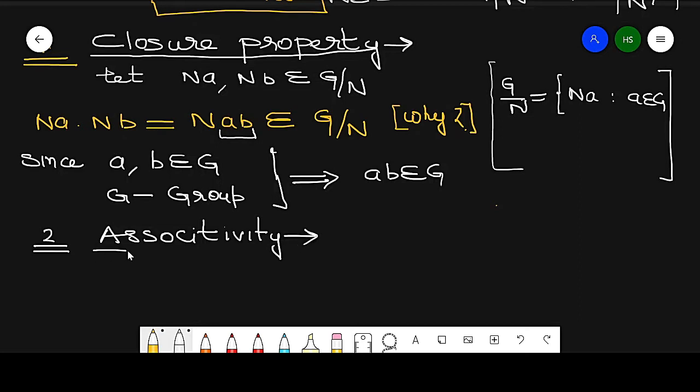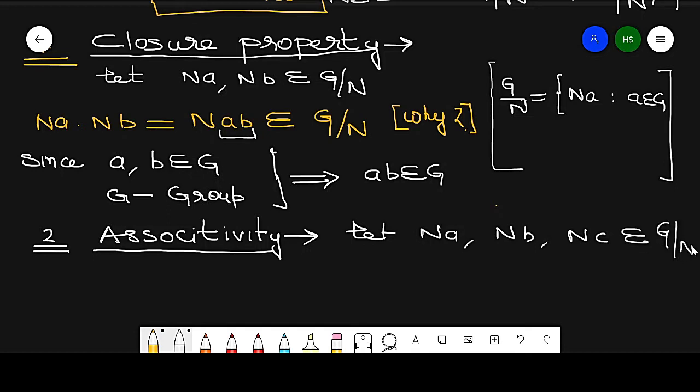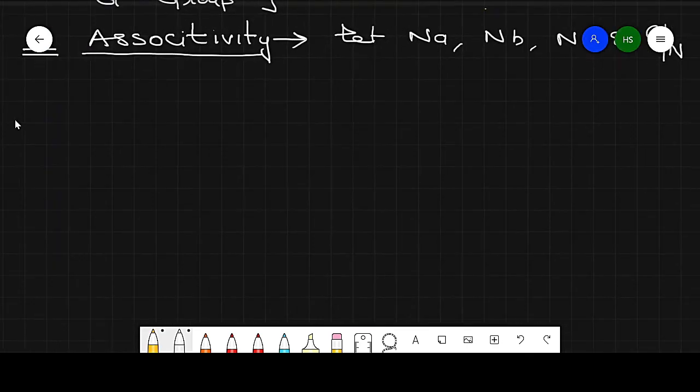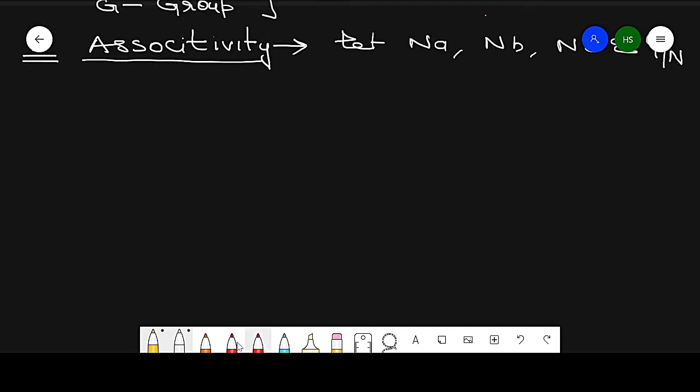So I take the 3 elements: one is Na, Nb and third is Nc. These elements belong to G by N. So what is the associative property? I start from the left hand side. So this is bracket Na first element, Nb second element and bracket into Nc, this value.